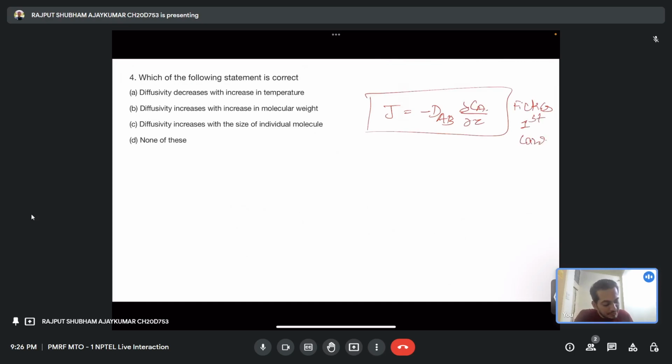Now if you consider the flux and how diffusivity is related to this, D_AB is the diffusivity coefficient.